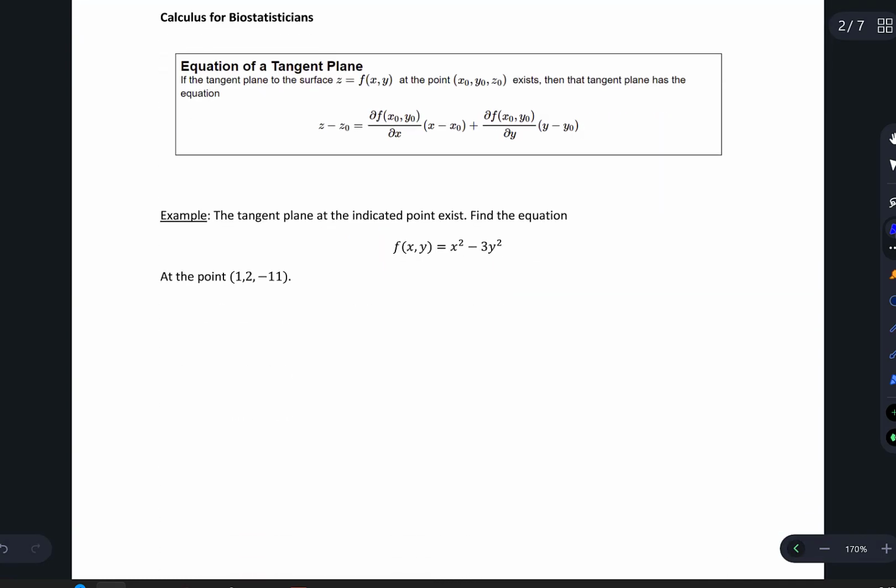We can find the equation for a tangent plane, and listed here we have what that equation would be. First we have our function, z is equal to f of x, y, where x and y are my two independent variables.